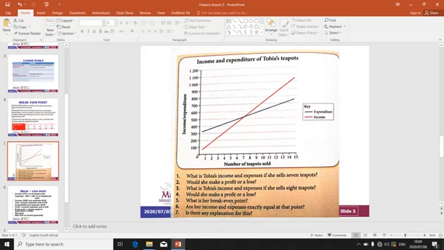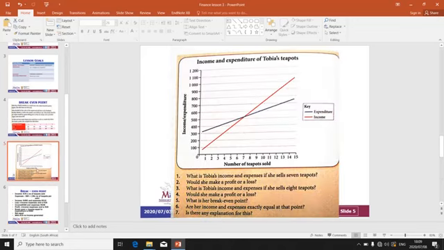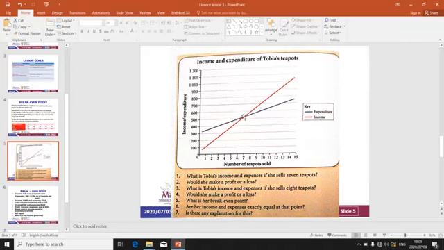What is her break-even point? The break-even point is when an income is equal to an expense or an expenditure. So here, it is equal to 560. Here is the line. You see where they meet is here.